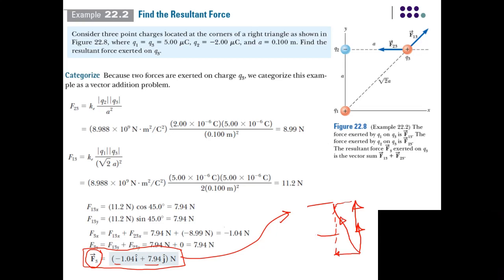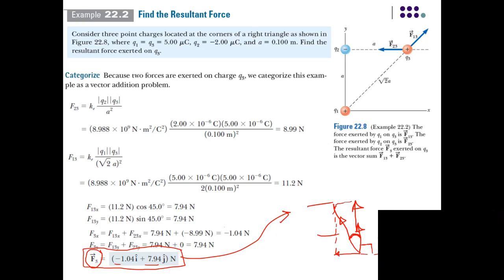You could find this angle, and you could add it to pi over 2, or 90, to find the angle that the total force on Q3 makes with the plus x-axis.